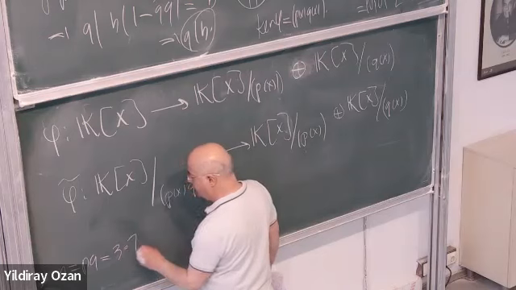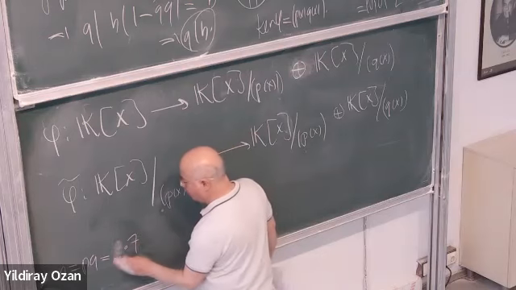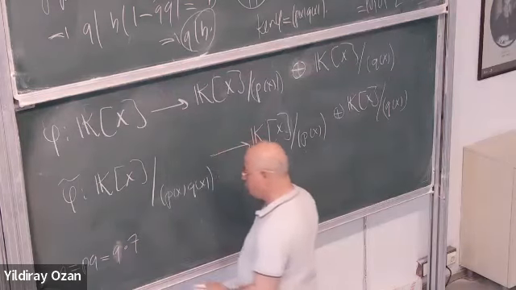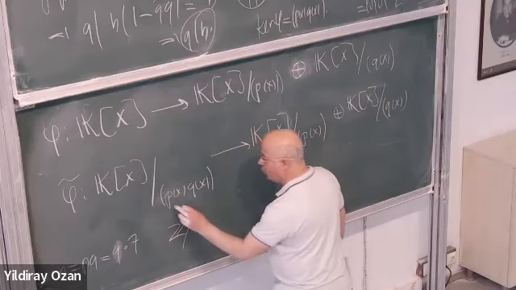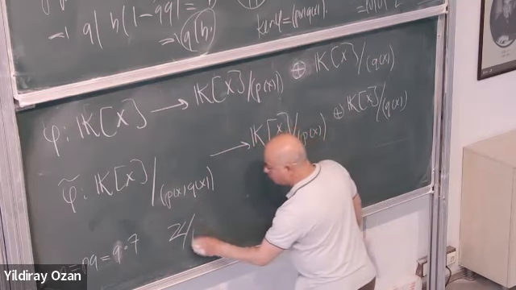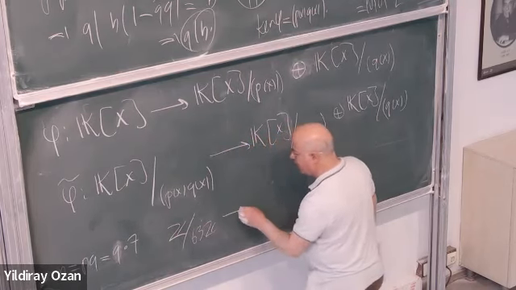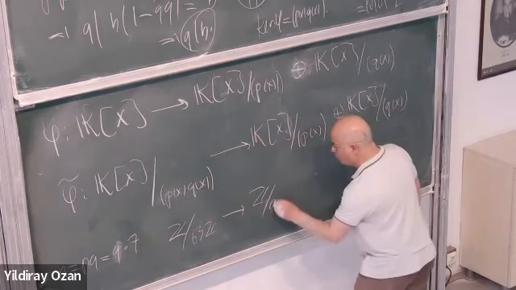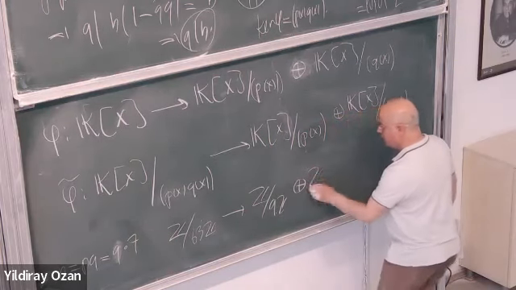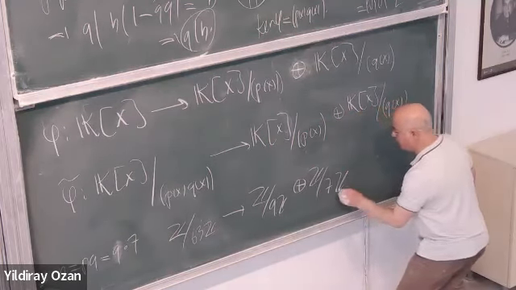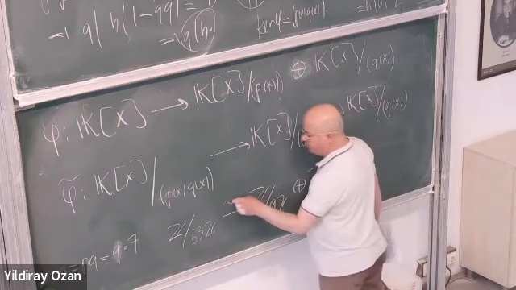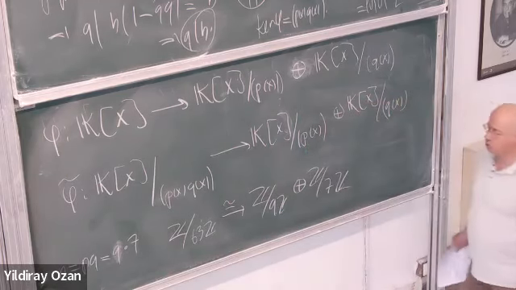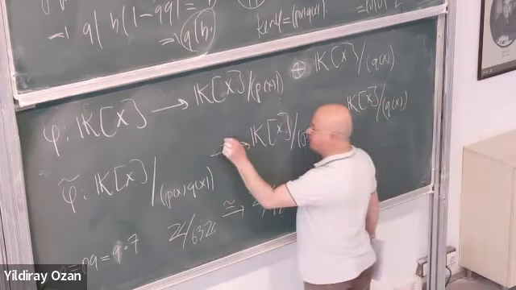Let this be 3 times 7, or 9 times 7. We have seen this: there is a map from Z over 63Z to Z over 9Z plus Z over 7Z. I want to show that this map is an isomorphism. Like this is our map. I want to show that this map is an isomorphism.